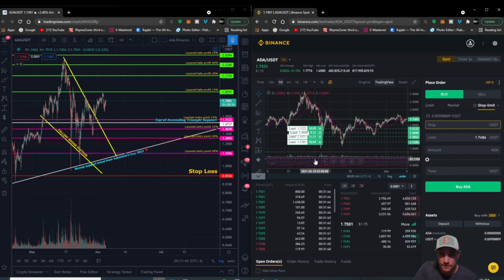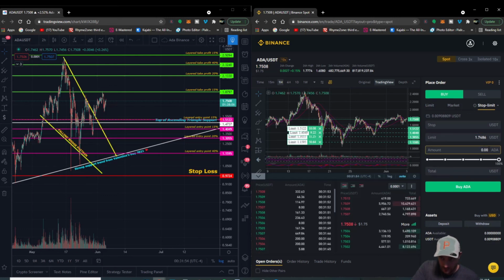So how you would do that is you come in here, you hit stop limit, it's going to give you an amount after the purchase happens of how much the purchase is right here. You just come and hit 100%, and then you type in the price. So the stop limit price, as you see over here, is 97 cents.